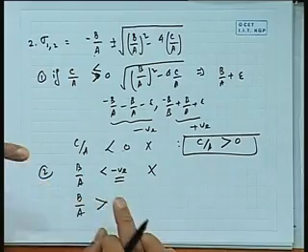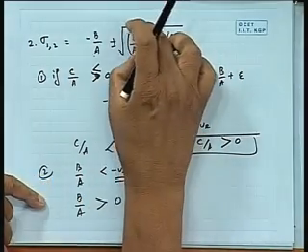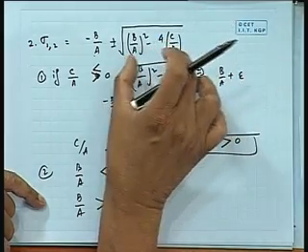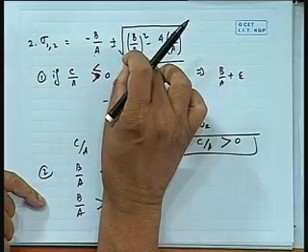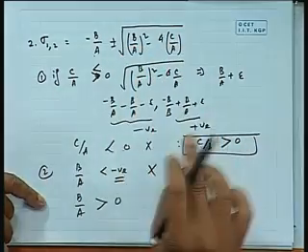Now b by a. If b by a is negative, this negative square is of course a positive number, minus whatever this number is, a negative number. So this can be smaller than b by a or larger than b by a. We have got c by a to be positive.